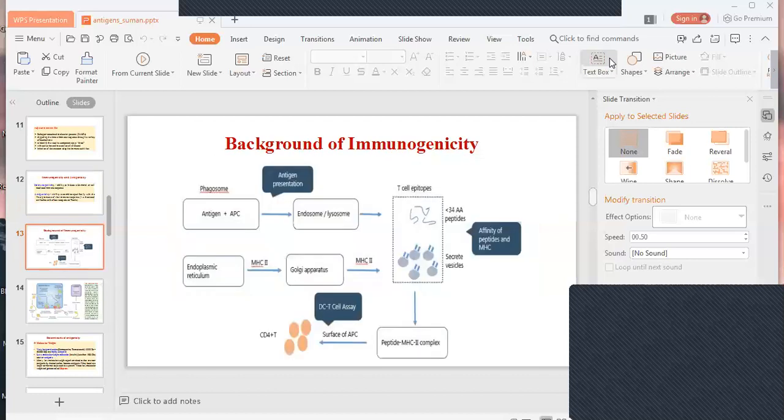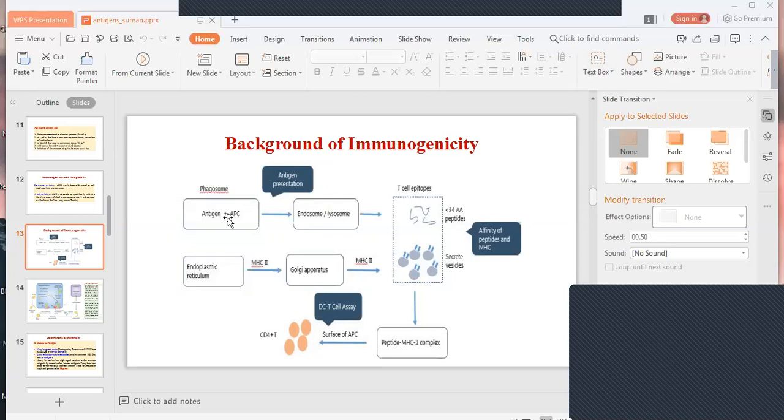So here we are going to discuss the background of immunogenicity. First, the antigen presenting cell, the APC, will go for processing and presentation of the antigen, and APCs play a critical role in immunogenicity of an organism.